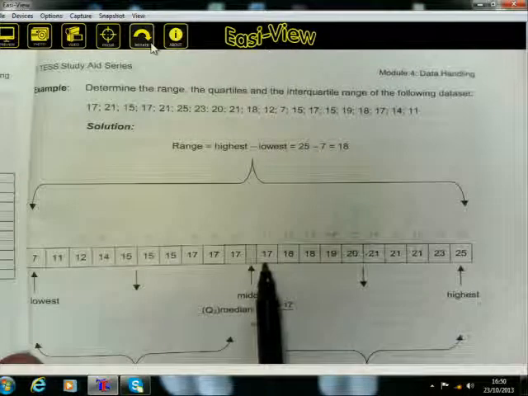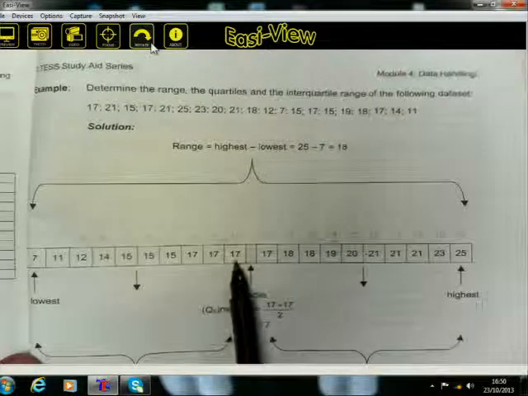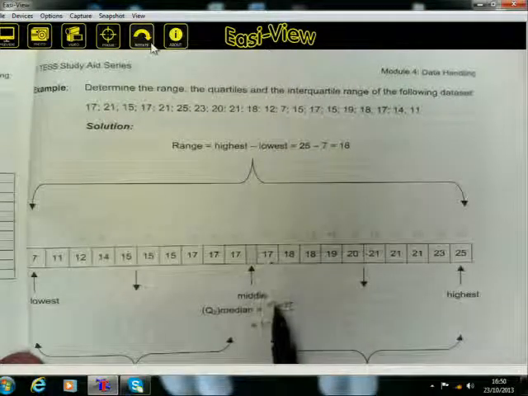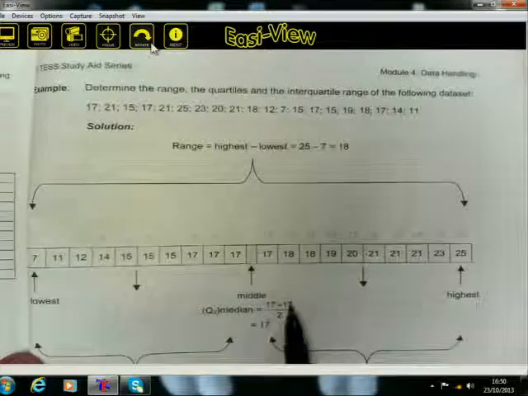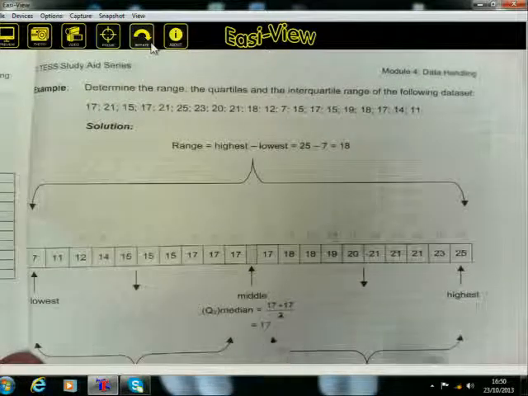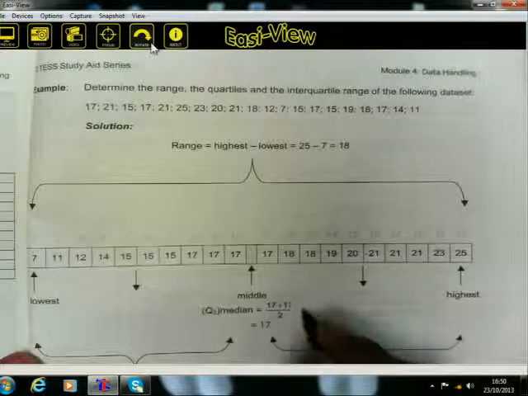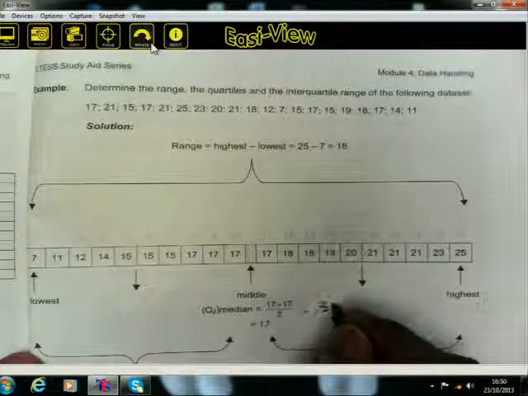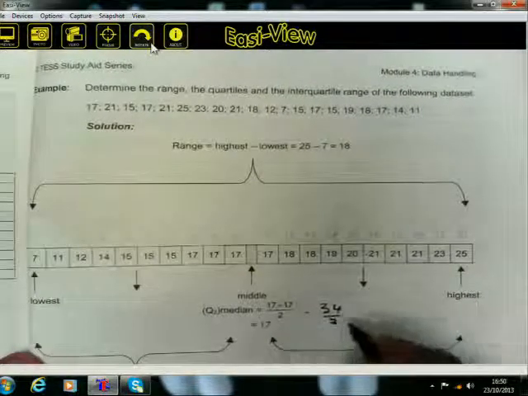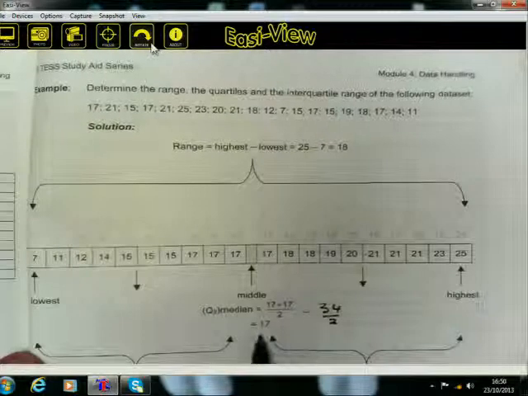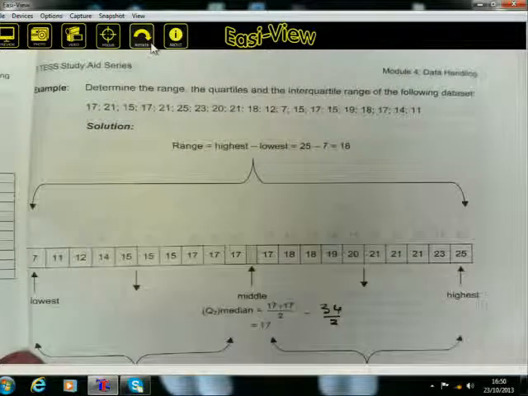What is number 10 when we rearrange them? Number 10 is 17. Number 11 is 17. That means our middle number is 17 plus 17, which gives us 34. 34 over 2 gives us 17.